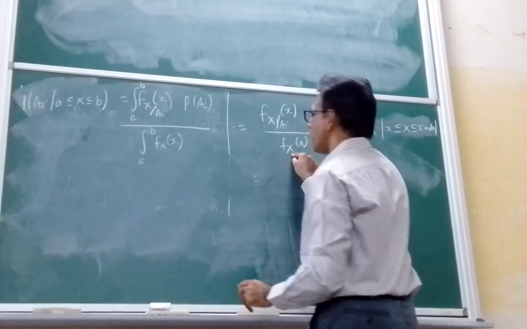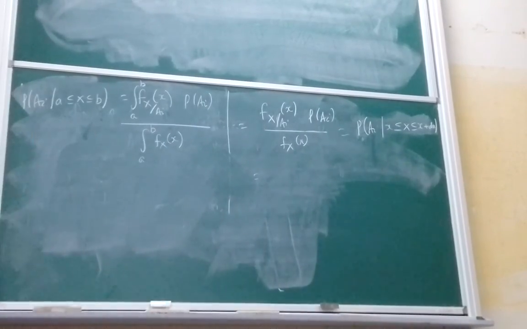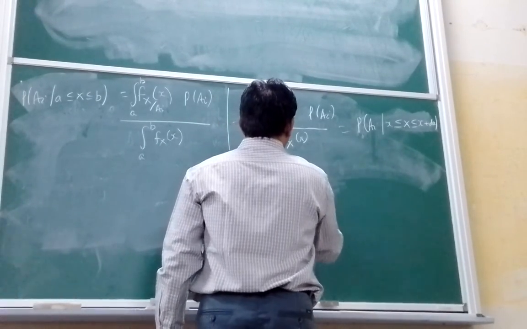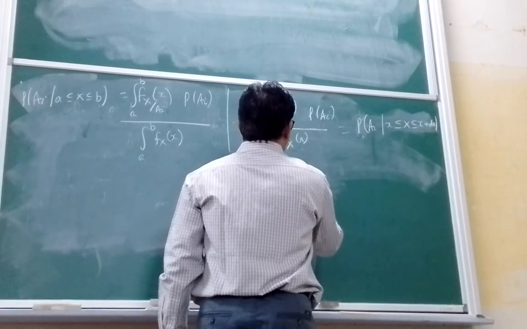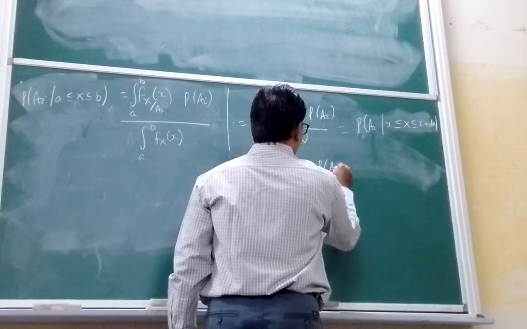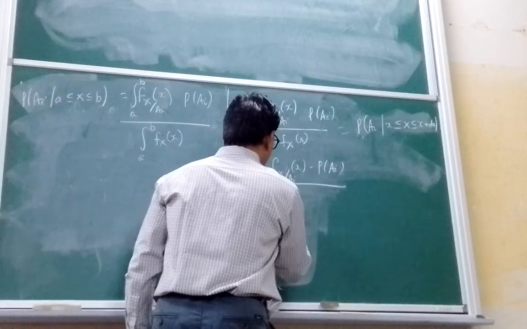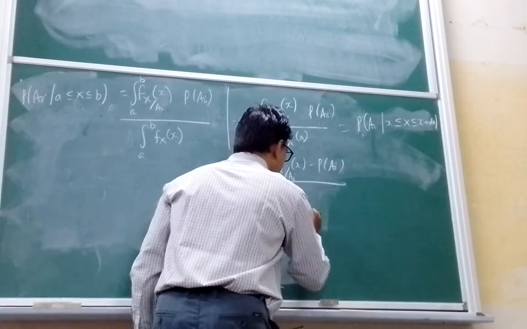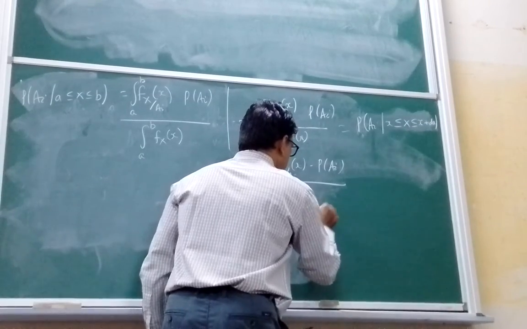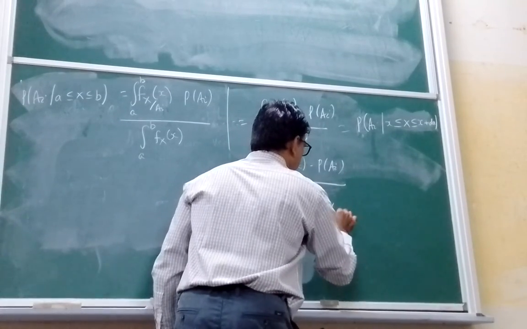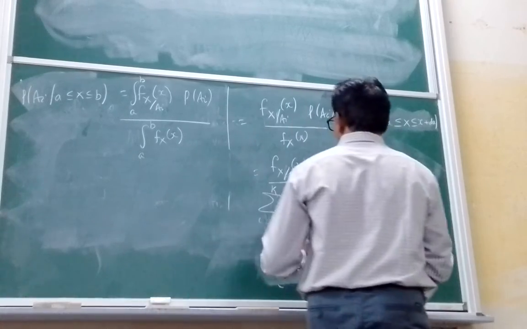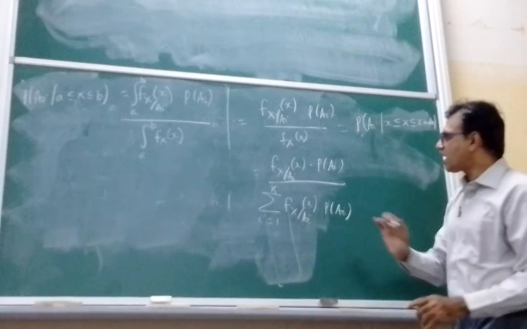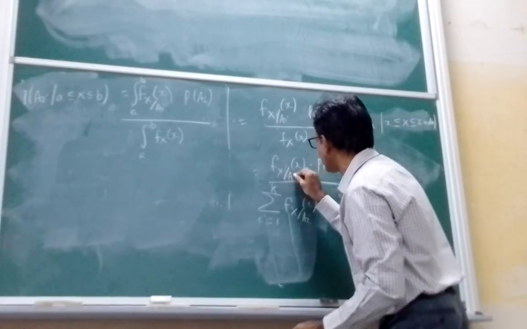Again, what is fx of x? Fx of x is this. So we can write it as fx of x given ai of x into p of ai divided by sigma i varying from 1 to k of f of x given ai of x into p of ai. See, this is a dummy index, this is a particular index. If it is getting confused, I can change it to j.